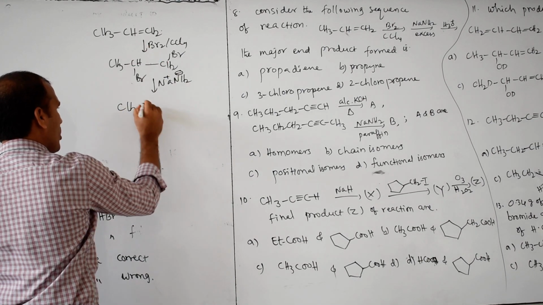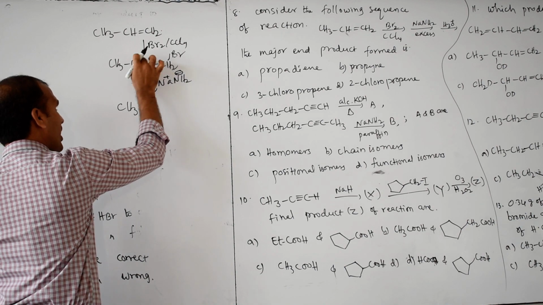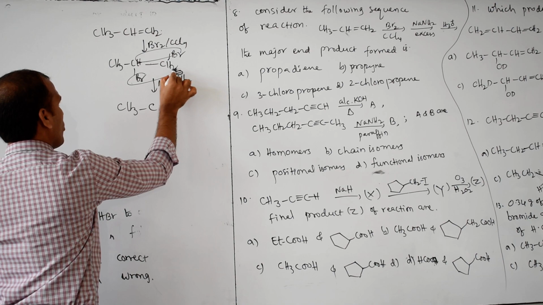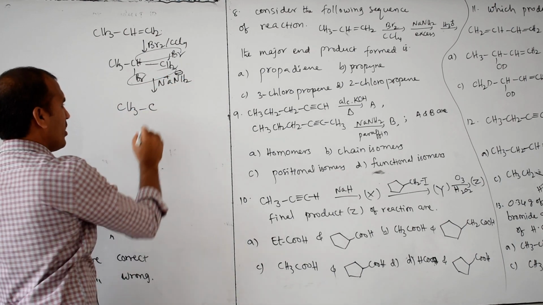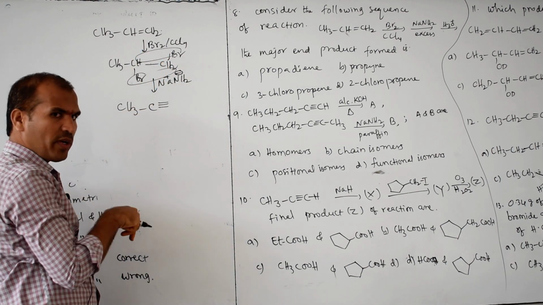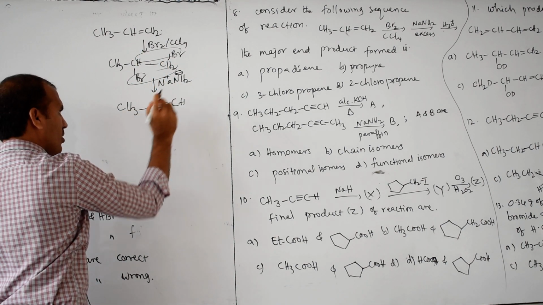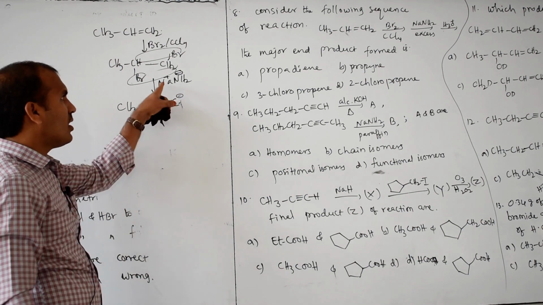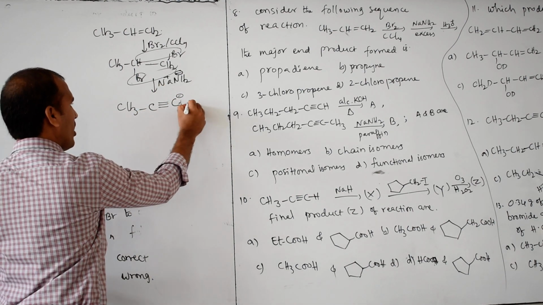CH3, this H lost, this Br and this H lost, then a triple bond, already one pi bond, two pi bonds, then one H is left. Okay, but this is in the form of minus only because Na plus is there, therefore Na plus.